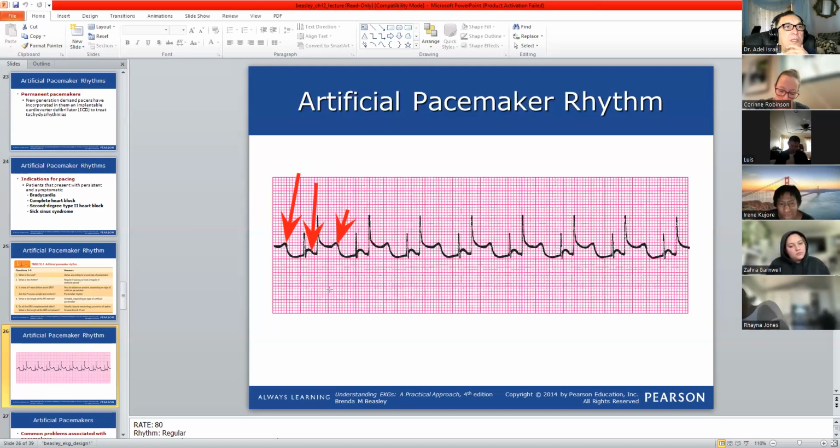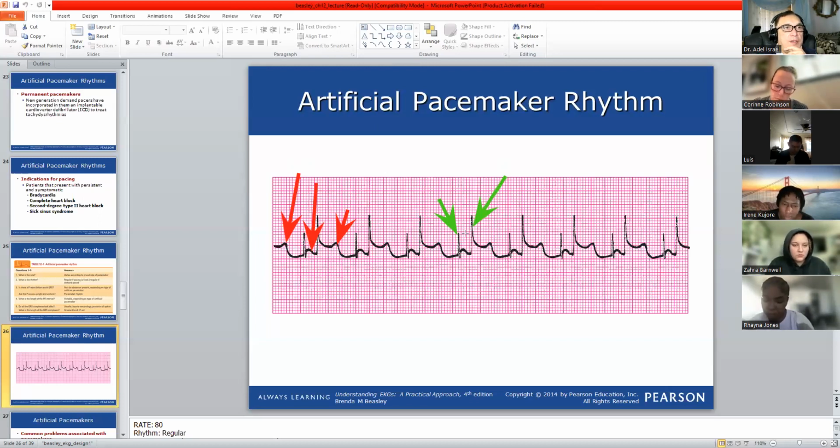Okay, so what we notice here is that a contraction happens after the spike. So where is the spike? You see, this is the spike followed by a P wave. Another spike followed by a QRS. So this means what?